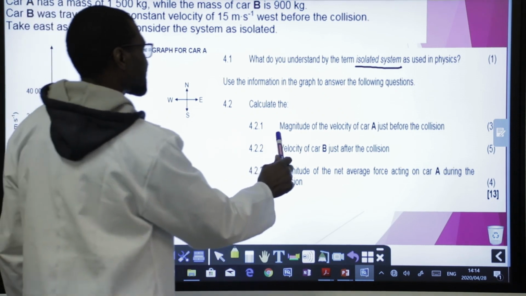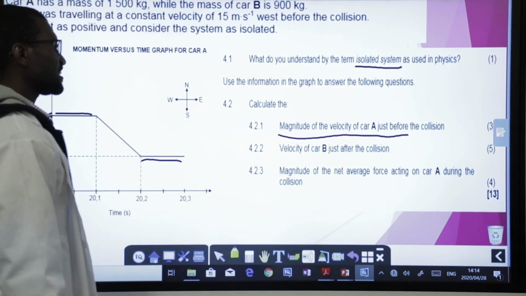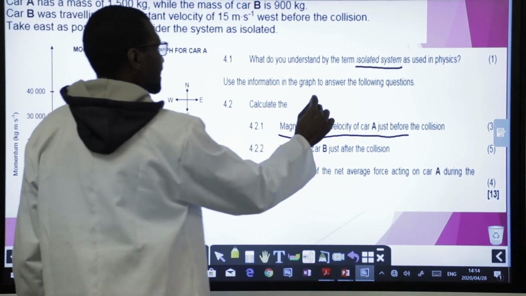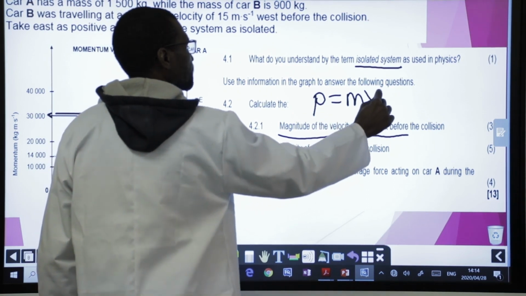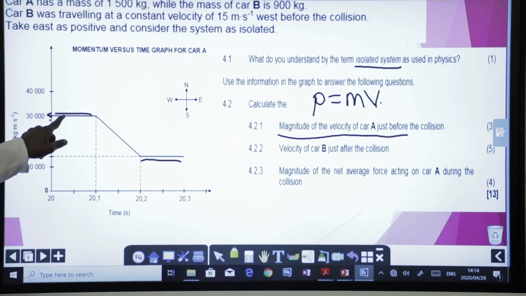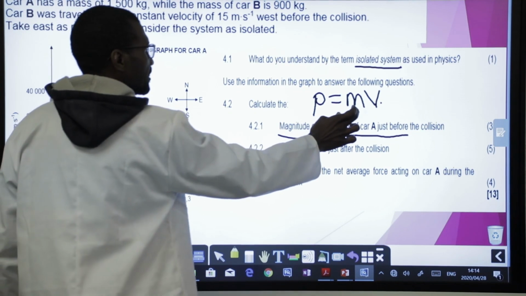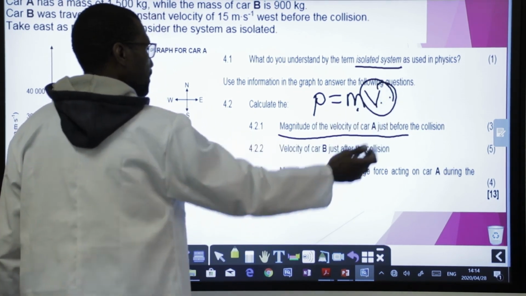The next part says, calculate the magnitude of the velocity of the car A just before the collision. So you know that momentum is equal to m multiplied by v. You know the value of the momentum before the collision. You know the mass of the car substituted there. You can find the value of the velocity.